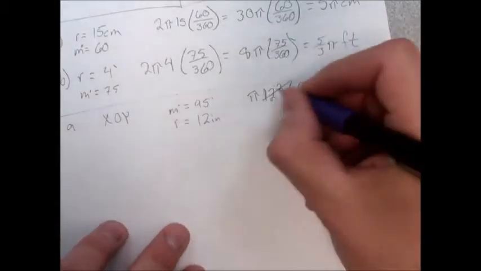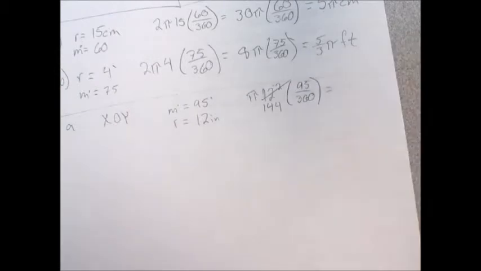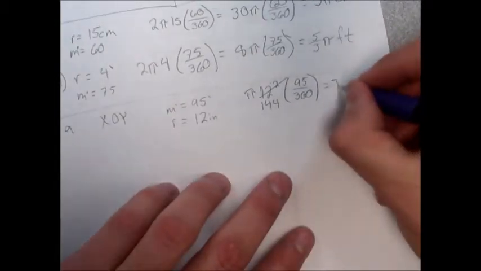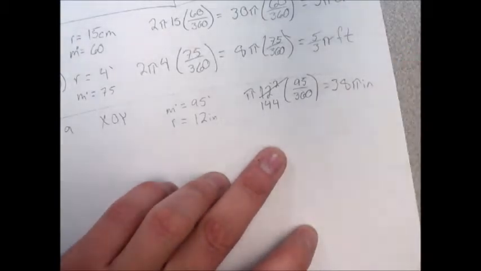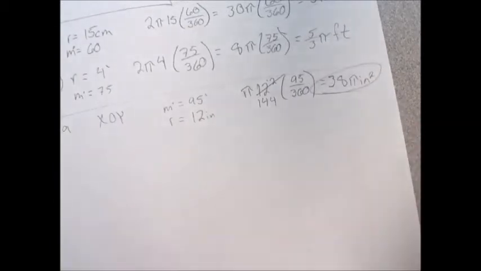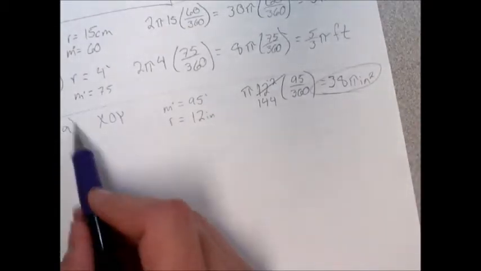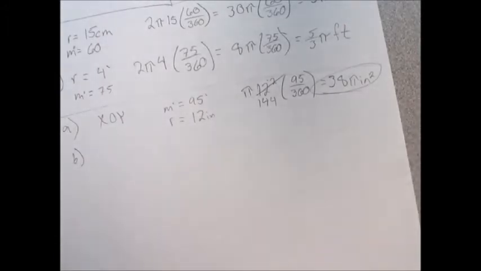I'm going to change that 12 squared already to 144. See if it tells me to leave it in terms of pi. It does. So I get, at the end, 38 pi inches. And because it is area, it is inches squared. Don't forget that label. Mainly, it's just how to set it up. The rest is pretty well calculator work for most of you.